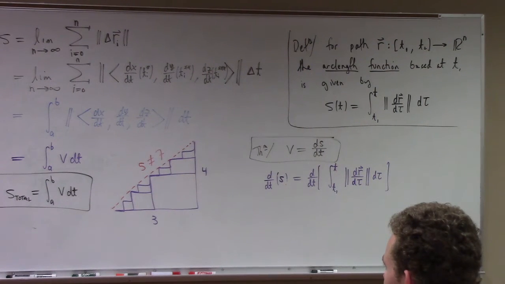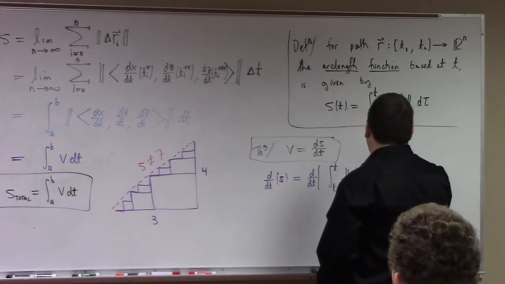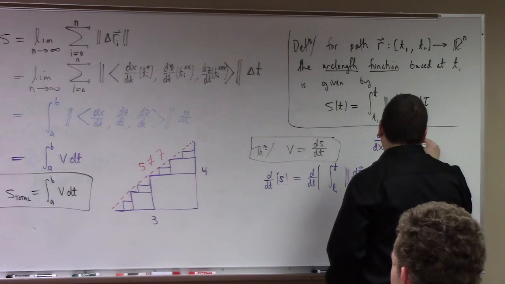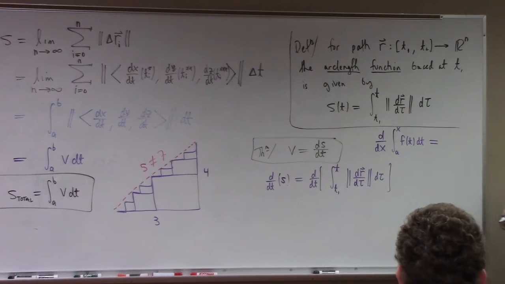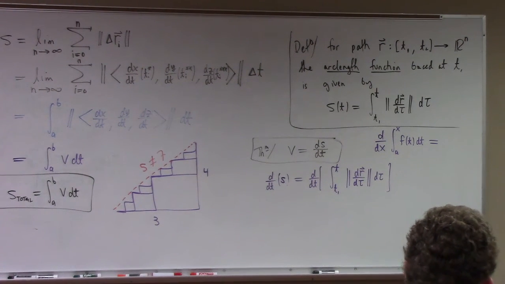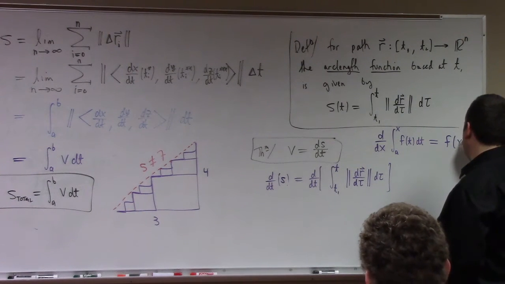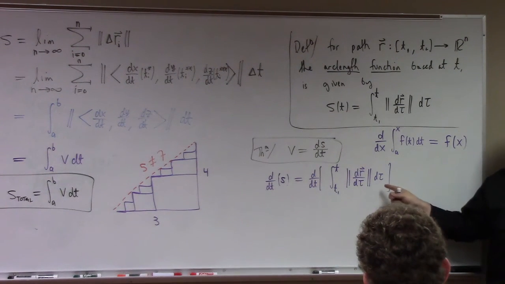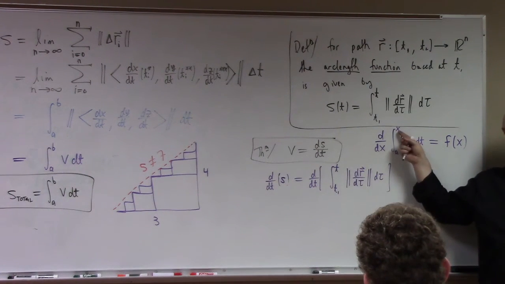What is this? This is like d/dx of the integral of f of t dt from a to x. What's that equal to? F of x, yes. Now, of course, here tau is playing the role of t, and we don't have an x, we have a t, so t is playing the role x does up here.